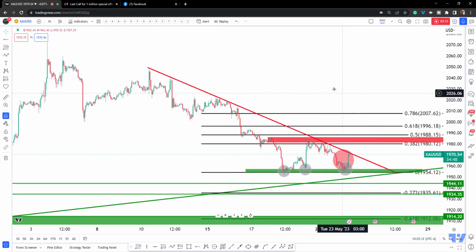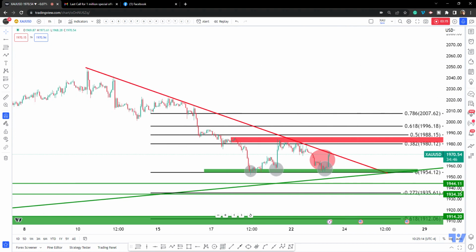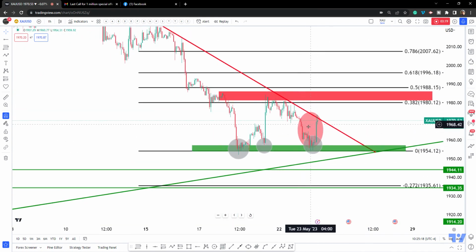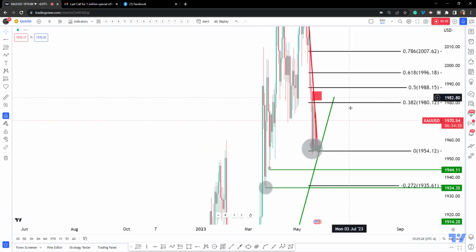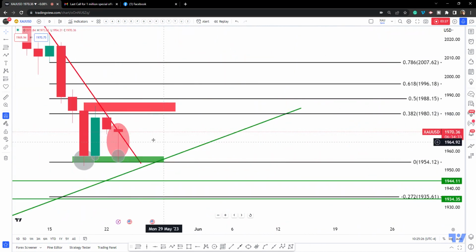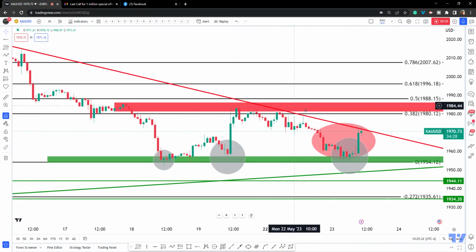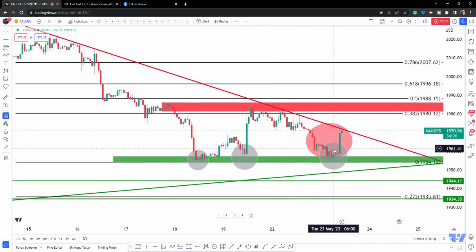In the near term, so I'm back to the hourly chart. This represents today's business, the wick on the daily chart. So this wick, so we've come down, we've come back up. So that's seen on the hourly chart as this scenario, come down to come up.